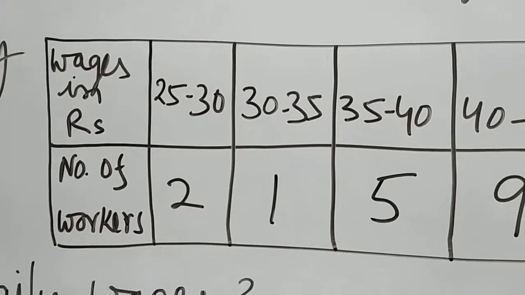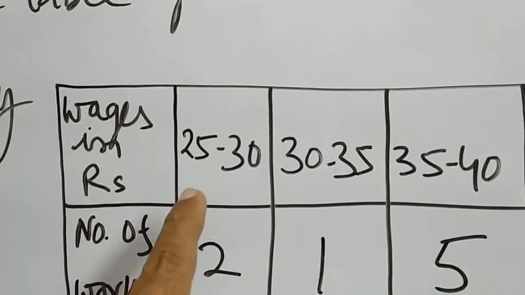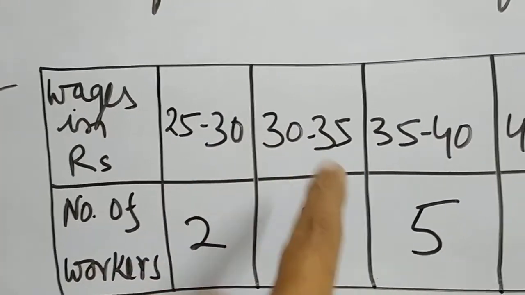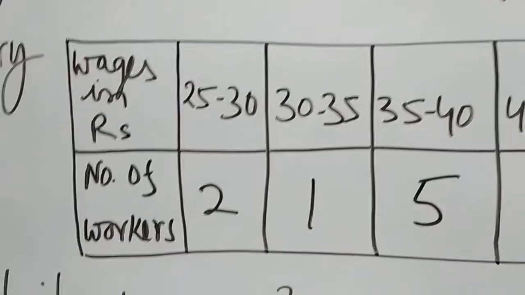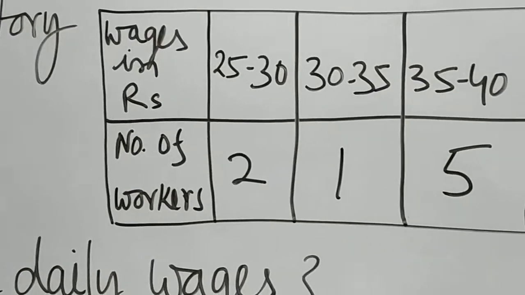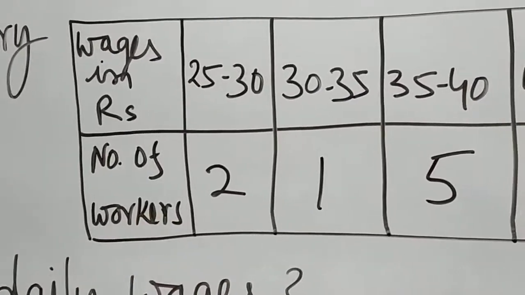Frequency is always a number. It is not a variation or class from here to here. It will be a single number, double digit number, whatever it is, but a number.